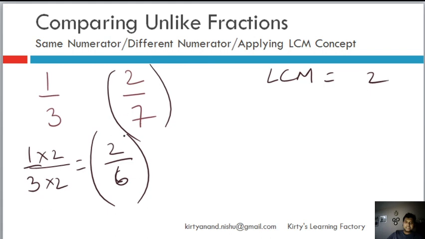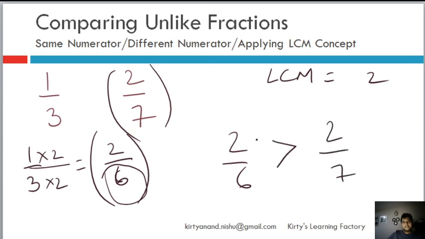The numerators are the same, and the fraction with the smaller denominator will be the larger fraction. So 2 by 6 will be greater than 2 by 7, and 2 by 6 is nothing but 1 by 3. So you can take the concept of LCM and apply it to make the numerators the same or the denominators the same, absolutely up to you.